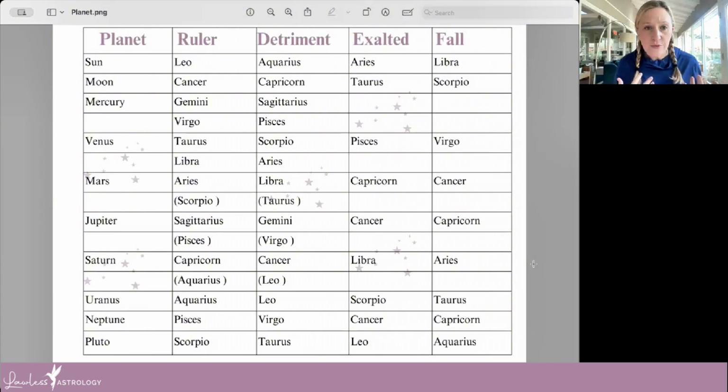You're outside, you're doing things. The moon, it's a time for rest. It's a time to go within, to recuperate, to sleep. Cancer is very much like that. It's nurturing. It offers respite. It offers care, and it's internal. It's emotional. It's changeable, right? So they just have things in common.